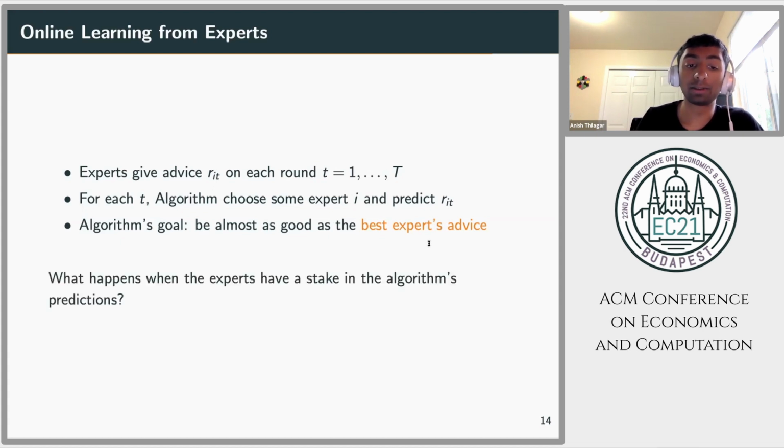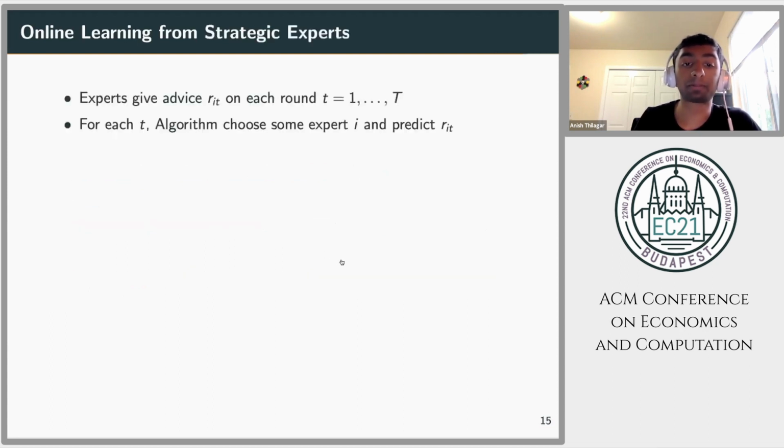But now what happens when the experts have some stake in the algorithm's prediction, specifically if their goal is to be chosen? Will they still report truthfully? Will their advice still be good? Well, we don't actually know. So let's try and analyze that.